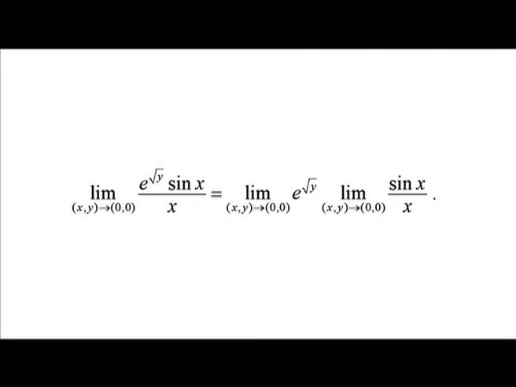As another example, applying the product rule, we find that the limit as (x, y) approaches (0, 0) of e to the power square root of y times sin x divided by x is equal to the limit as (x, y) approaches (0, 0) of e to the power square root of y times the limit as (x, y) approaches (0, 0) of sin x by x.